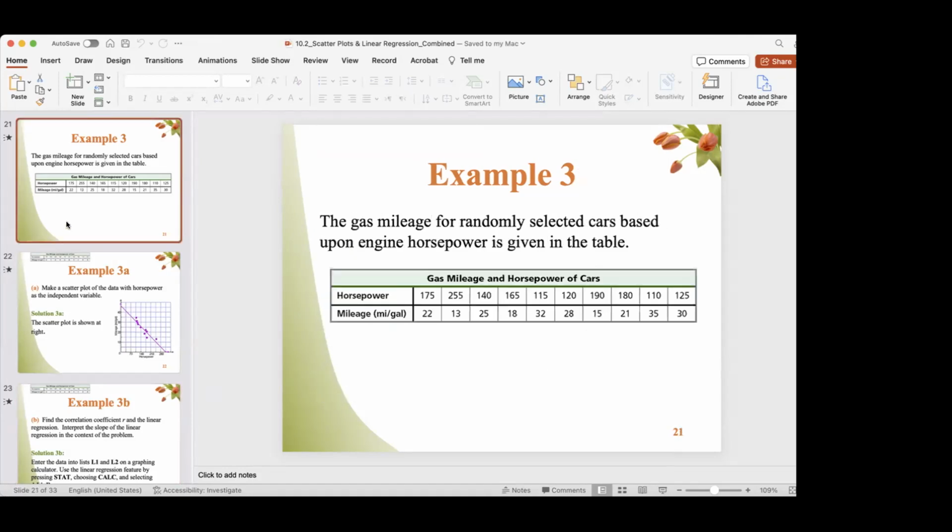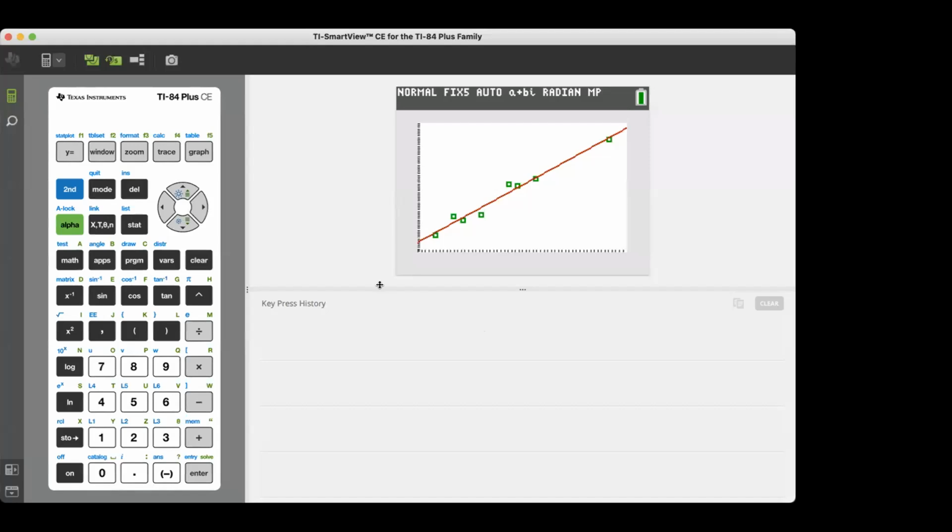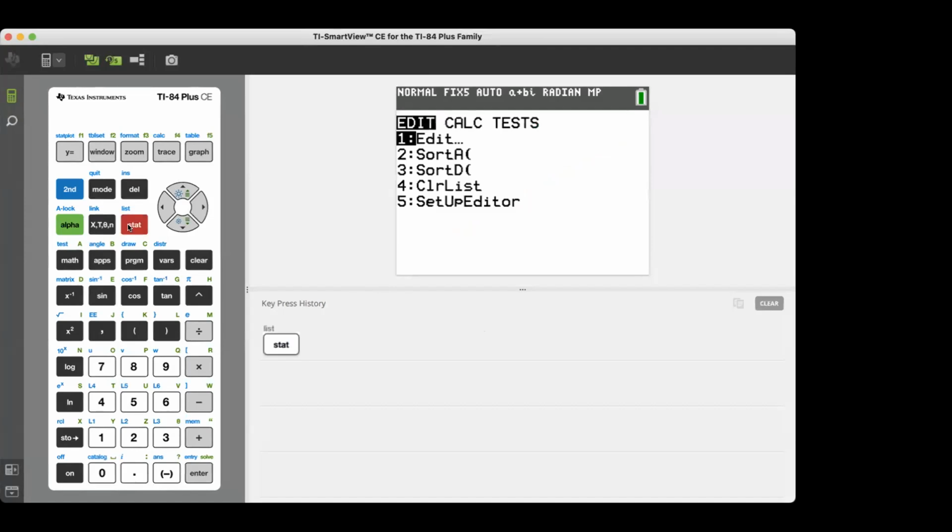So let me stop sharing here and start with my calculator. Okay, I'm going to go to stat, edit.